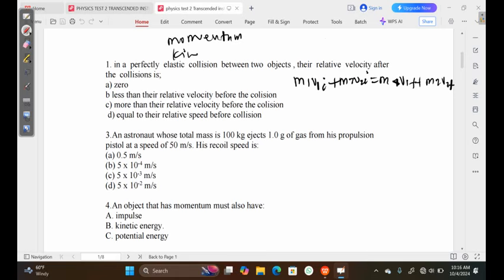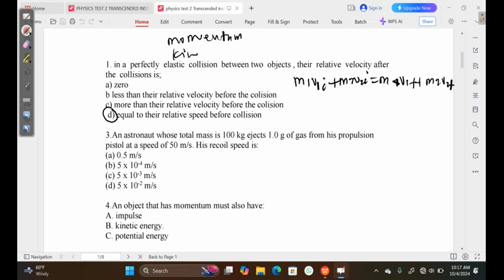The first one says 0, no. Less than their relative velocity before the collision, no. But we have said equal. So if I go to D, equal to their relative speed before collision, it has to be the same because kinetic energy is conserved. So in this case, D is the correct answer. Let us go to 3.